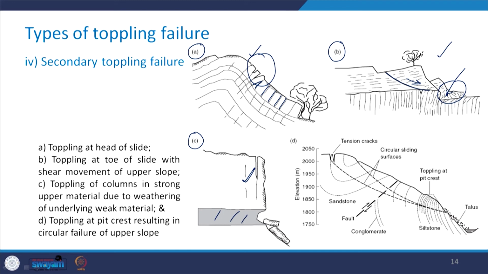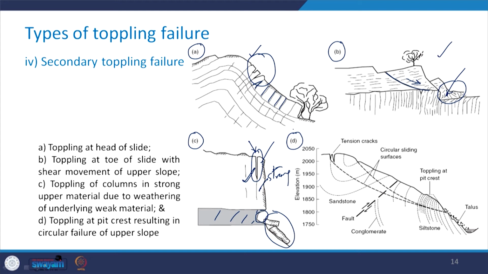You see this is the weak material which is underlying this strong material, and the moment there is a weathering of this underlying weak material and the situation becomes like this, this strong material will experience the toppling of the columns and the occurrence of the crack in this particular manner as has been shown like this. Coming to the next one, which is the D part of this figure.